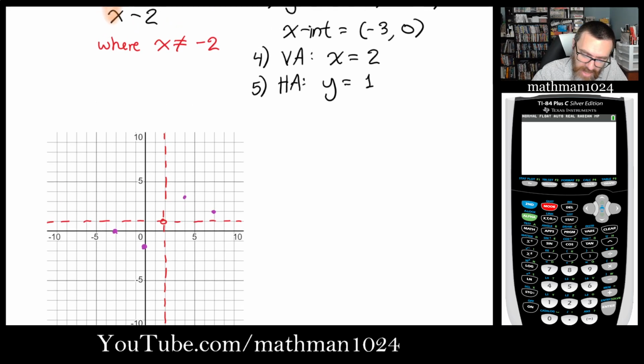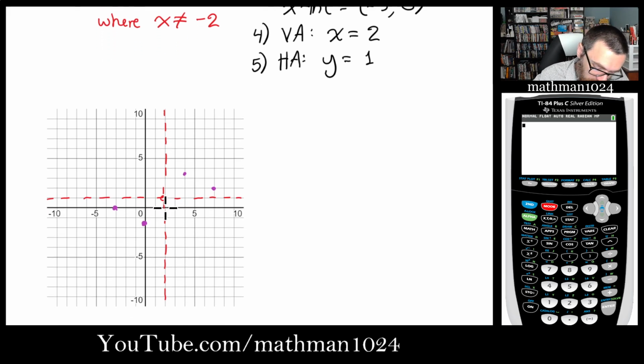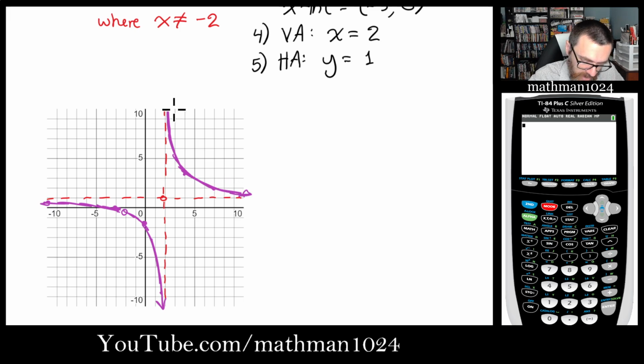And then finally we have our hole, which happened at -2, -1/4. So that means over here, because we have that hole, our graph does not get to go through that hole. It's going to curve down like so, and then get closer to the horizontal asymptote there. And then here, we use these points to help put the curve in the right spot. Just like that.